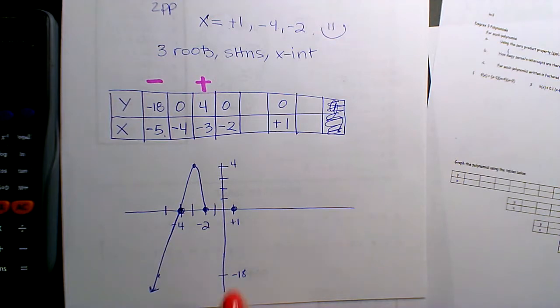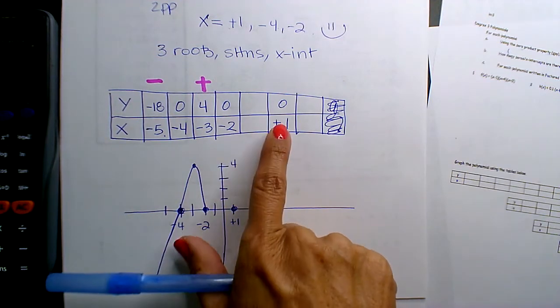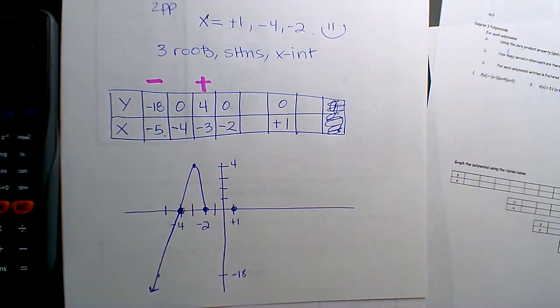Okay, now pick a number between -2 and +1. Make those the negatives, not the subtraction.